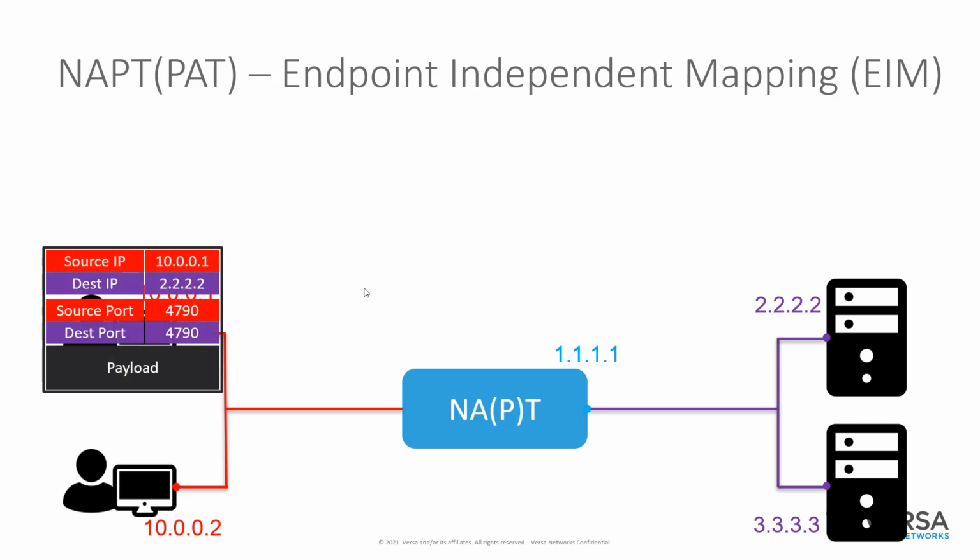So let's imagine that device 10001 is opening a connection to 2222 from source port 4790 to port 4790. That's actually how our devices establish SD-WAN connections to other locations.